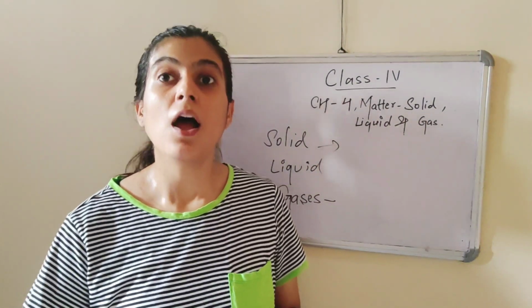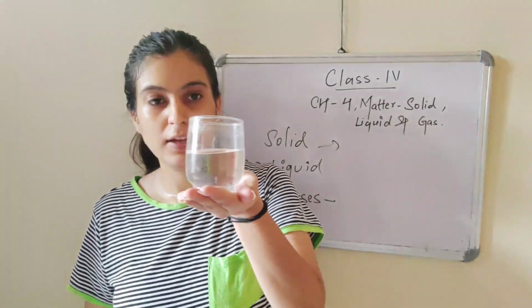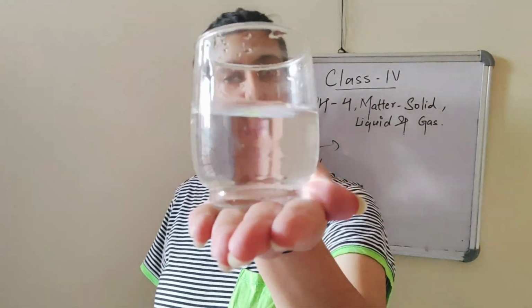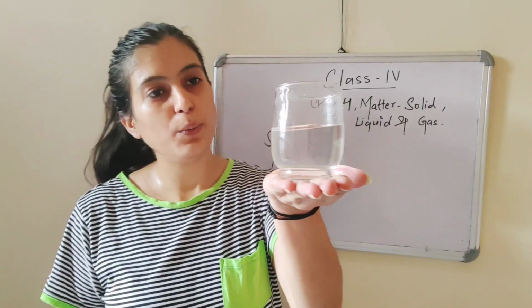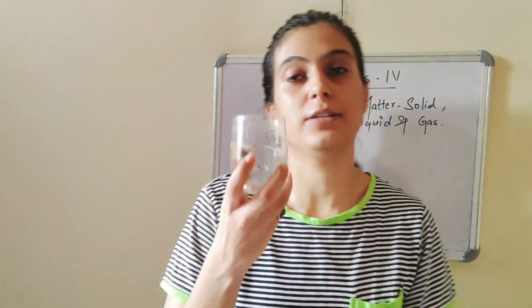For example, consider this glass of water. See, this glass is half empty, right? Now we are going to see how matter occupies space.